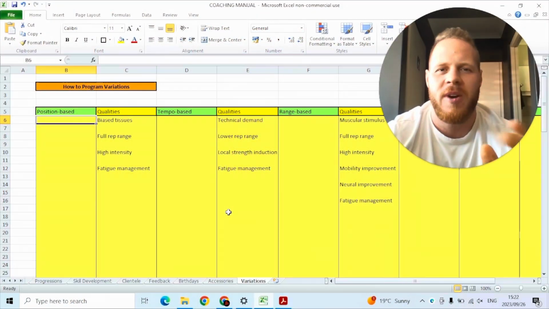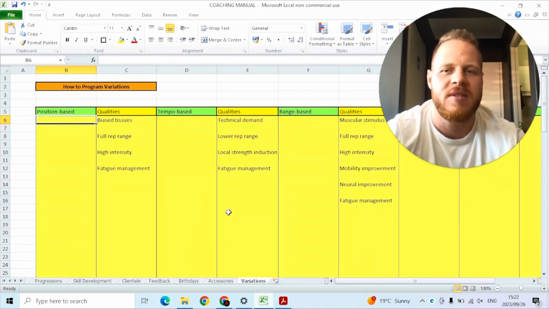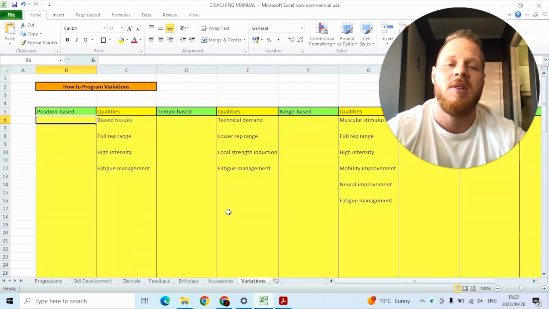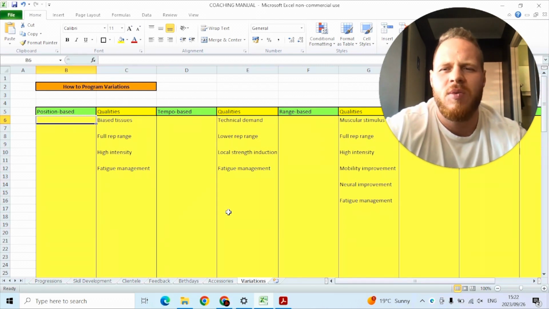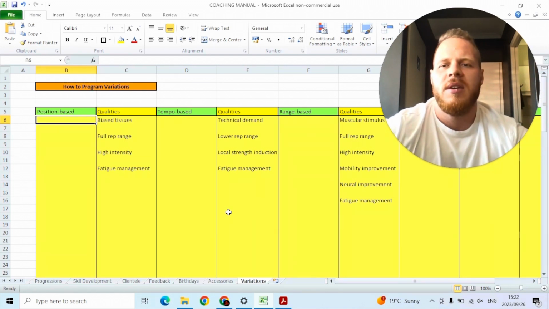All right, so we're going to dive straight into all things variations. We're going to be looking at three different types of variations. Yes, there may be one or two that don't really fall into these three categories.